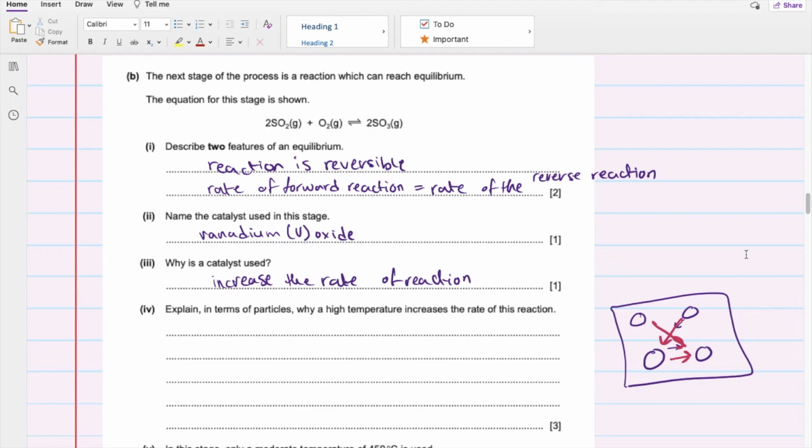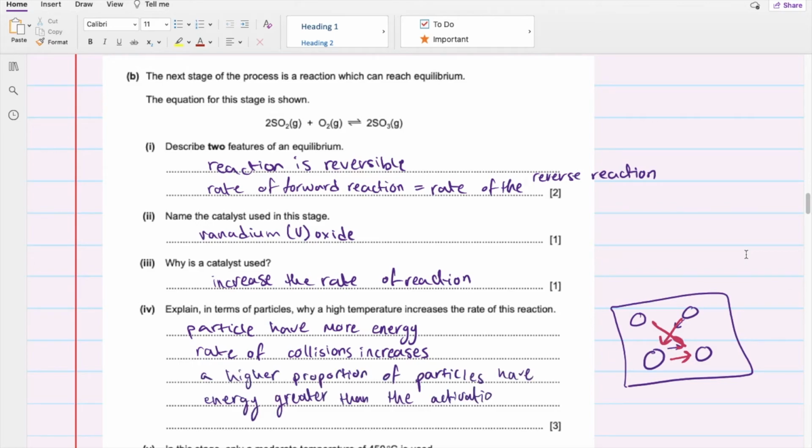So let's write that down. So particles have more energy. That is 1 mark. The rate of collision increases. You can say the rate of collision, you can say the frequency of collision increases. They're all the same. And then a higher proportion of these particles now have energy greater than the activation energy.